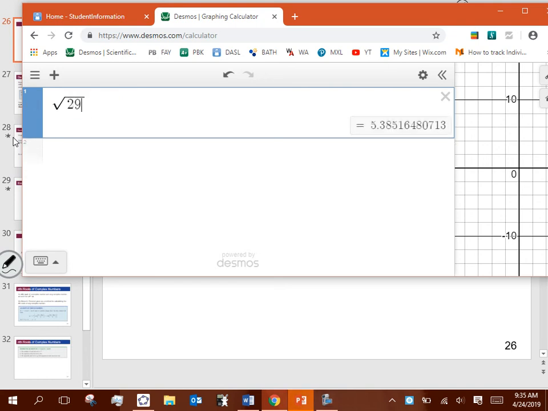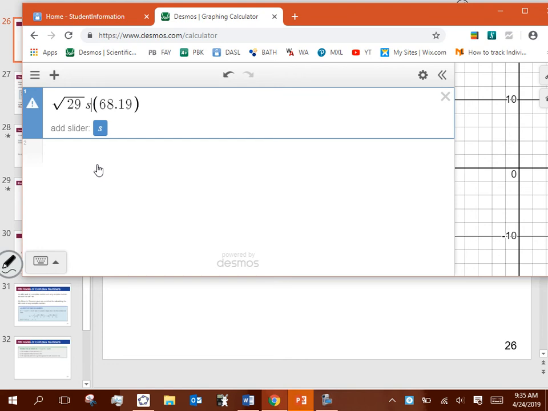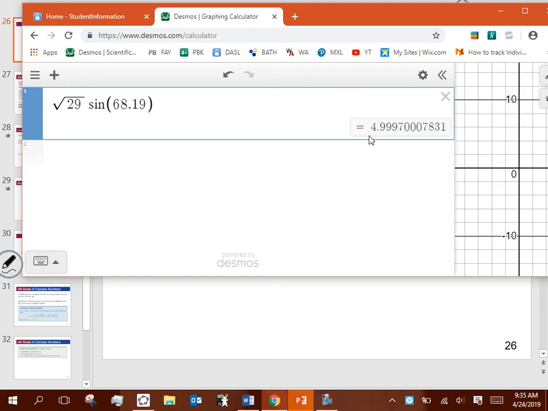So I want to see, is square root of 29 cosine of 68.19 pretty close to 2 plus 5i? Now, obviously, that's close to 2, right? This little discrepancy here is because I rounded that 0.19 pretty egregiously, okay? If I replace the cosine with sine, then it should give me a number pretty close to 5. So I know that's a pretty accurate description of z in polar form, right?